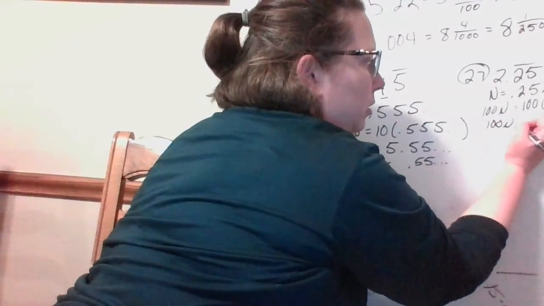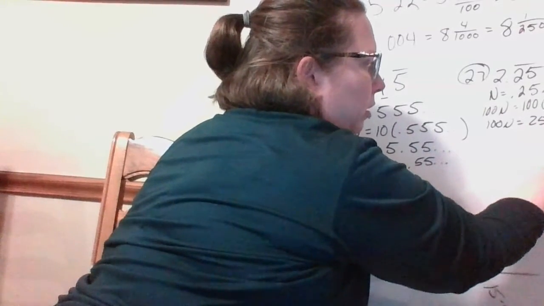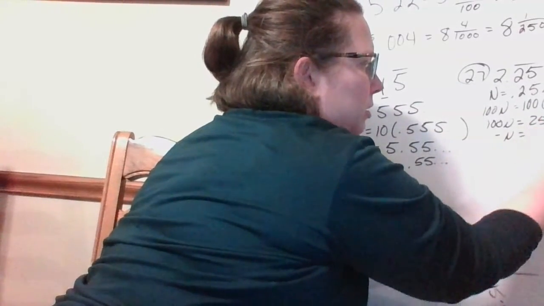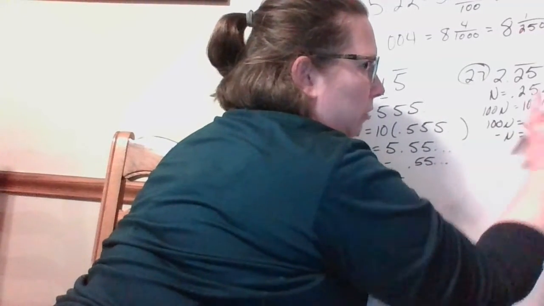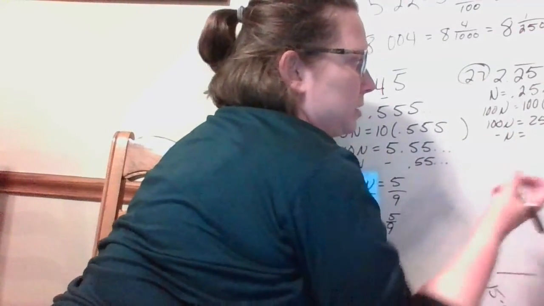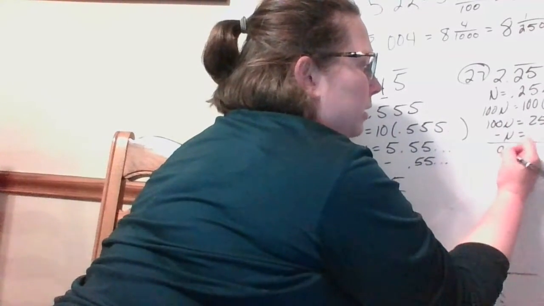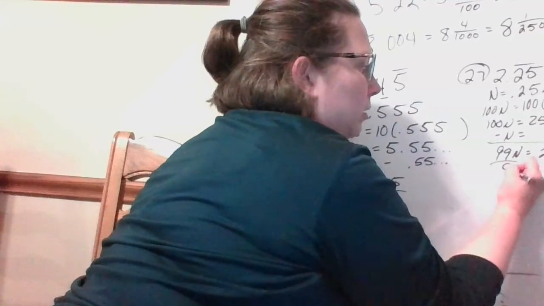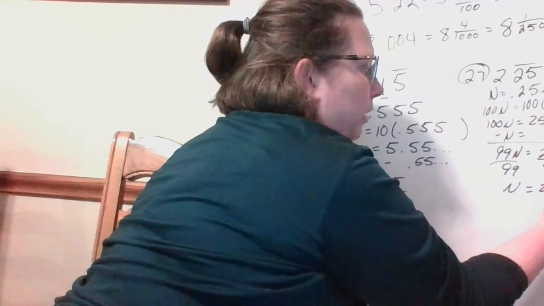So we get 100n equals 25. We subtract. When you subtract here, you're essentially getting rid of all that decimal that repeats because it repeats in both of these. So we subtract, and here we're going to get 99. So n equals 25/99.